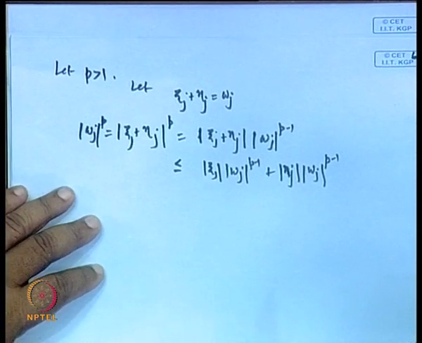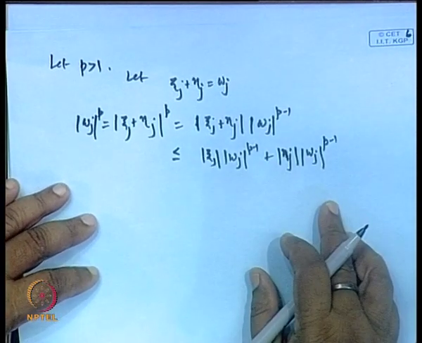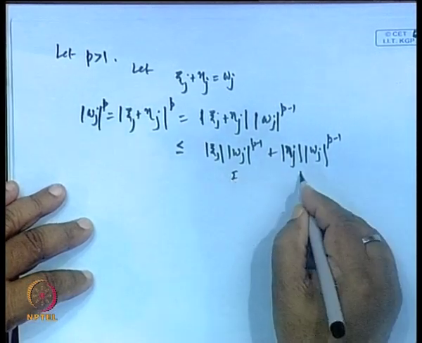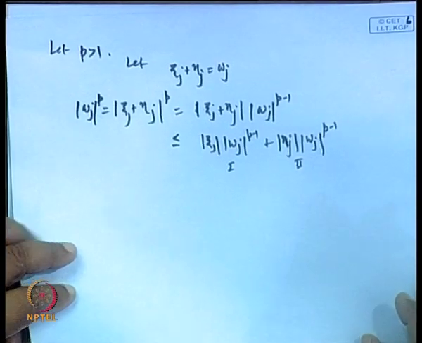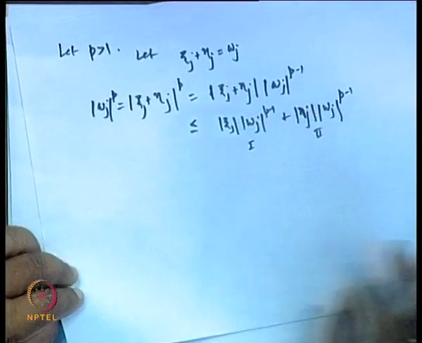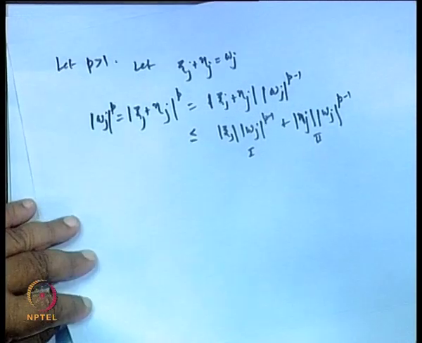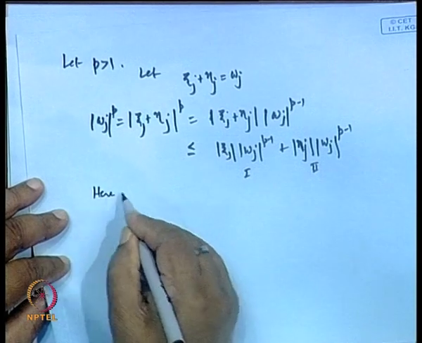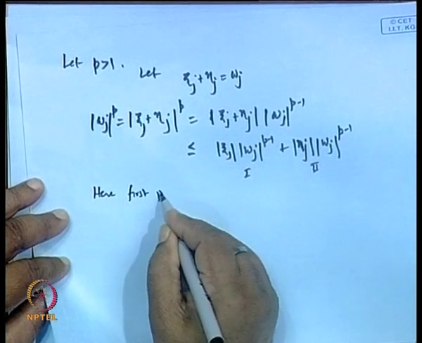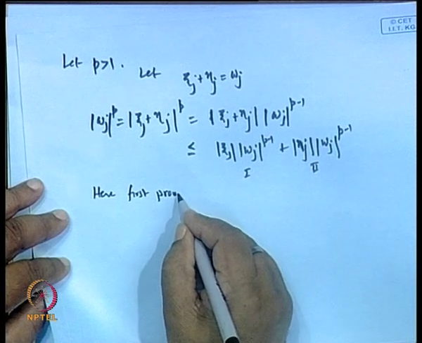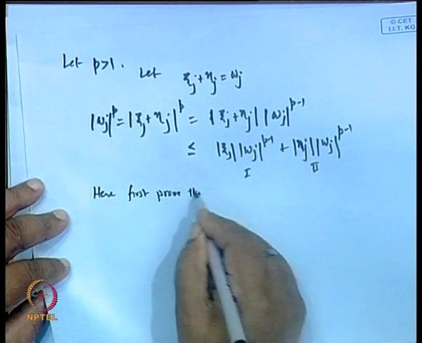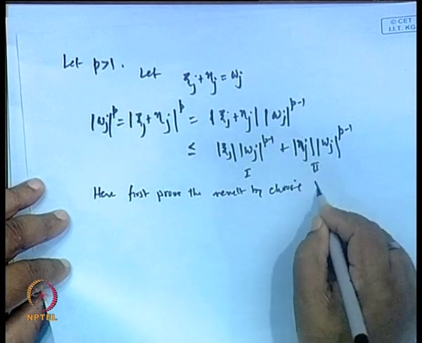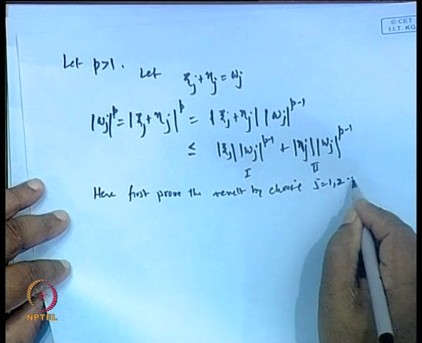Now, this we get it. Okay. So, this is the first sum and second. Now, let it be 1 and 2. Okay. Separate out this. Now, here we will first prove the result by choosing j from 1 to n.